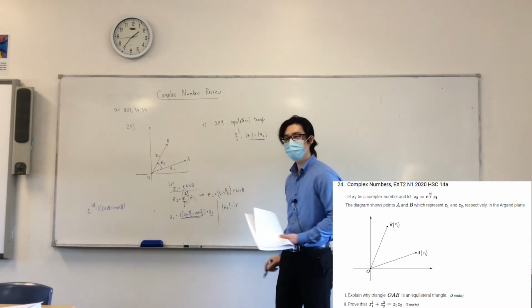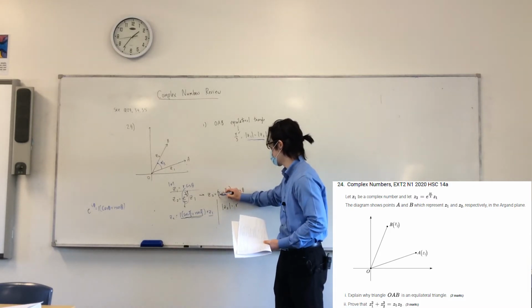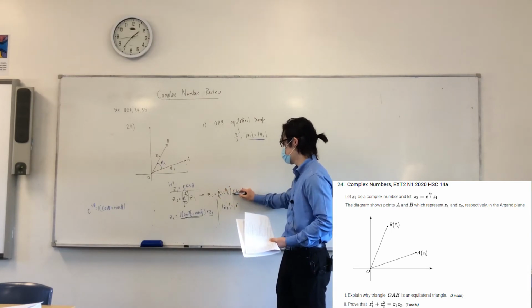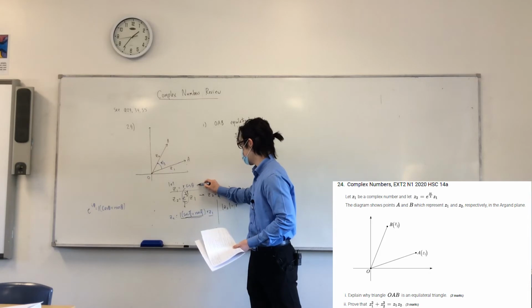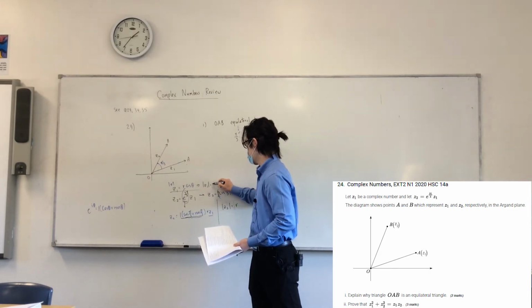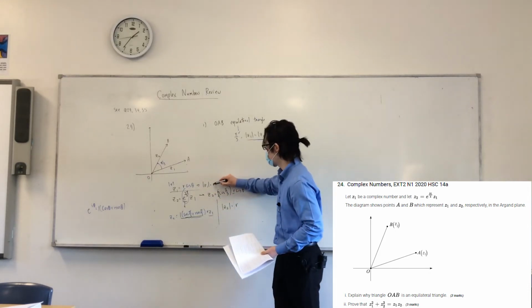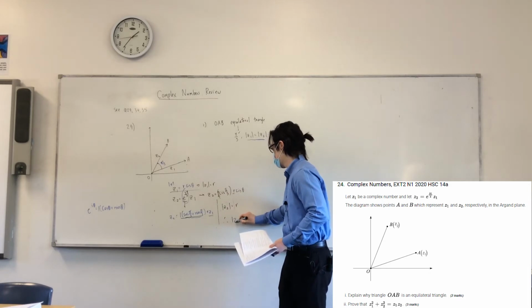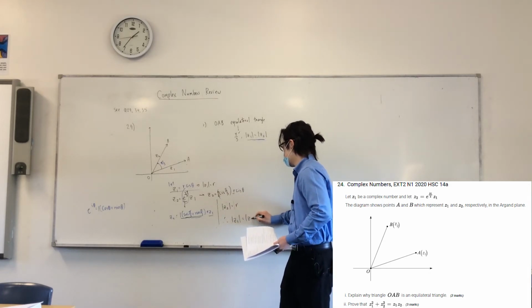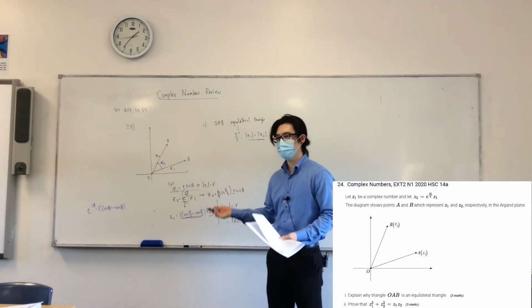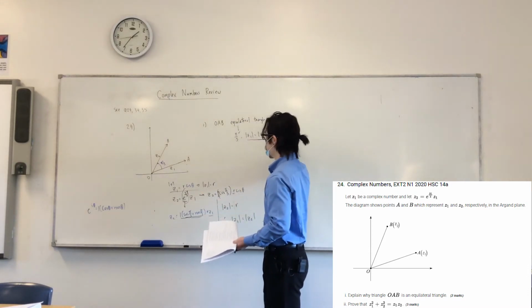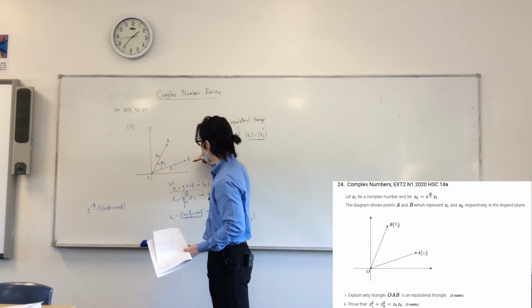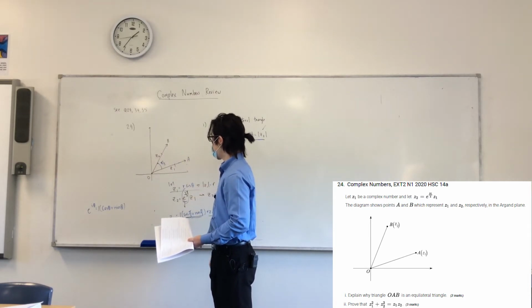Yeah, it's just r, because this is just 1. The modulus is 1. This is r. So it's nothing tricky. It's kind of hard to see that or show that, but yeah. Because these two lengths are the same, that's basically enough.